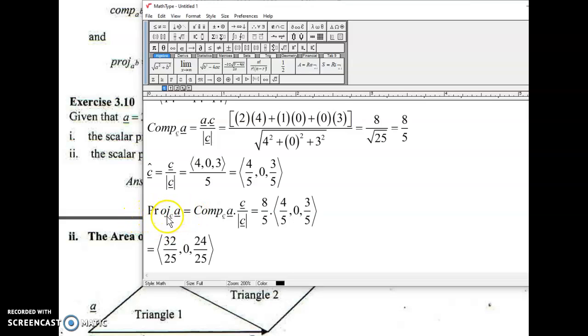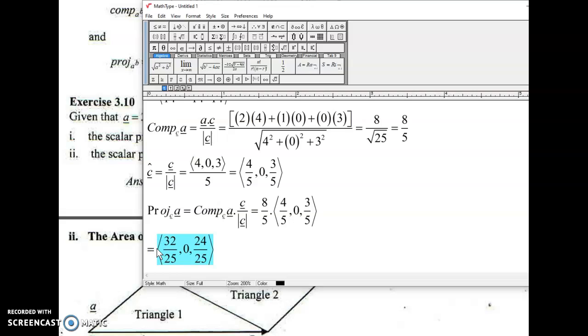Then let's find the vector. To find the vector projection of A onto C, we multiply the component by the unit vector of C. This is how we calculate the unit vector of C, so we get this as the unit vector. Multiply them together and we get this.